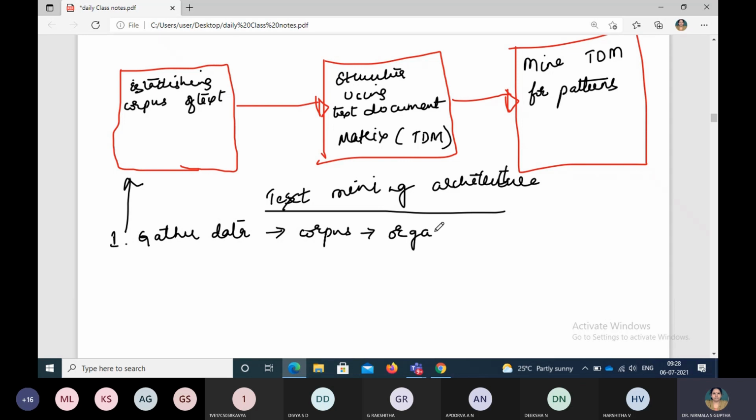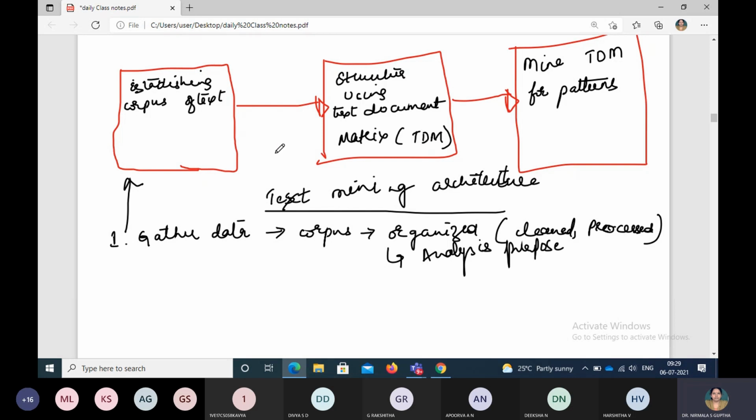When I say organized, it means cleaned and processed data, so the data is very much ready for analysis. That is the concept of the first step's functionality, and it is a very simple three-step process.